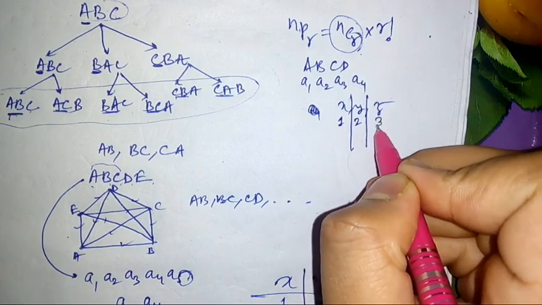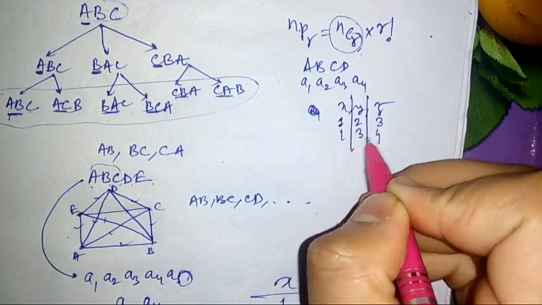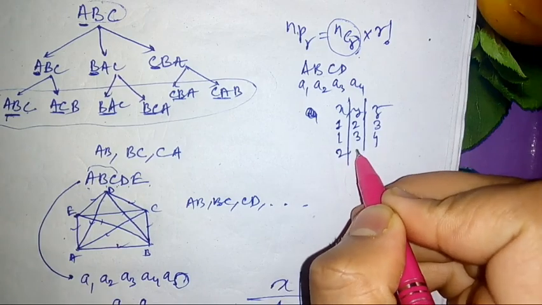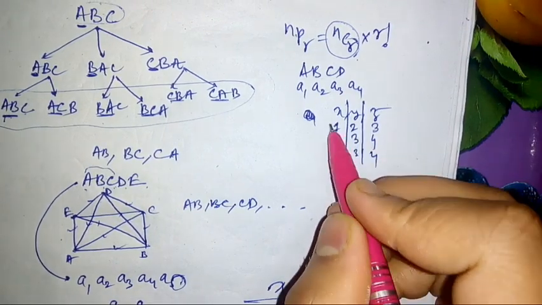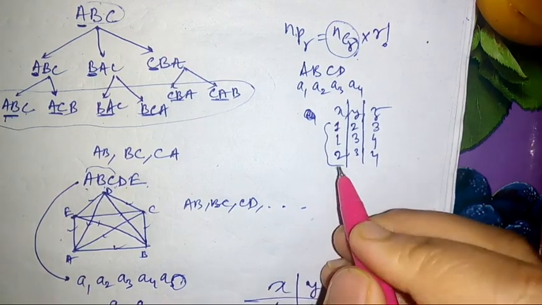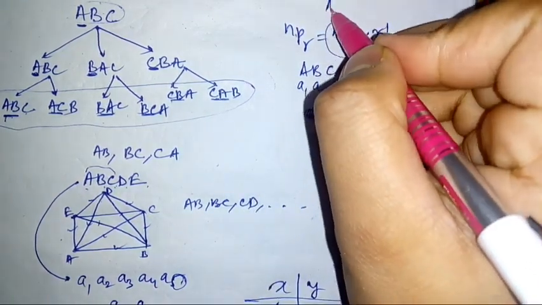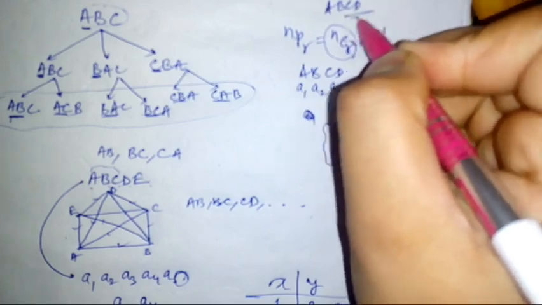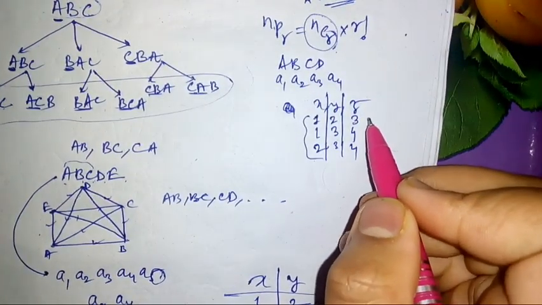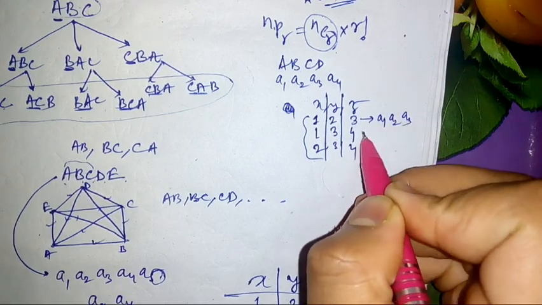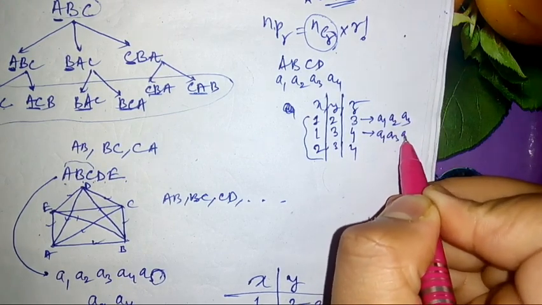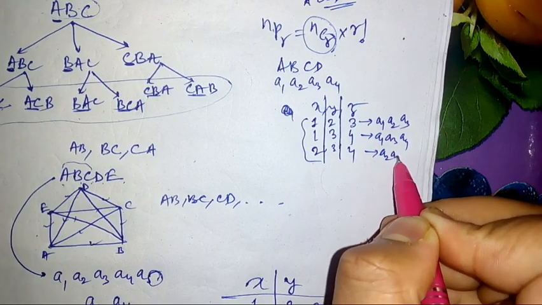It can be 2, it can be 3: 1, 2, 3; 1, 3, 4; then 2, 3, 4. So these are our required answers. Sorry, it is not permutations, it is combinations: A1, A2, A3; A1, A3, A4; A2, A3, A4.